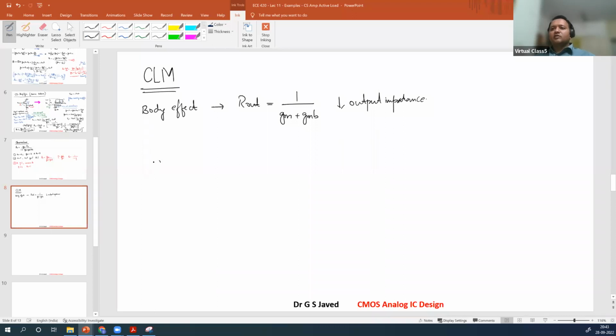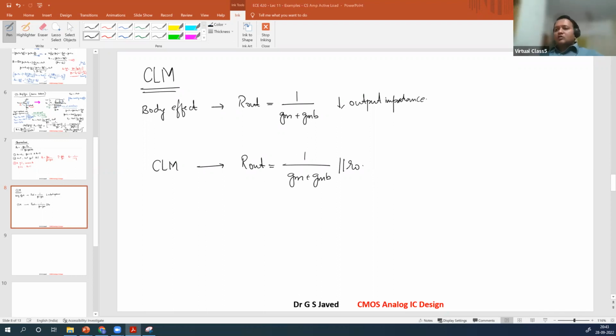So intuitively, channel length modulation, because it is giving a parallel device, the effective R out will be 1 over GM plus GMB in parallel with R out. So this is the impact that you have along with channel length modulation.